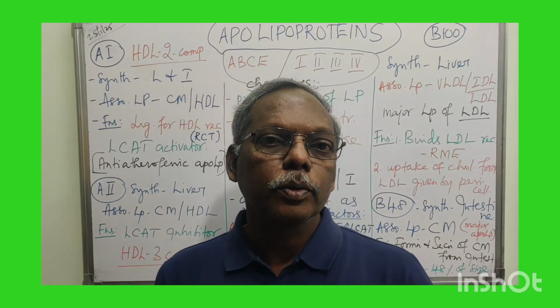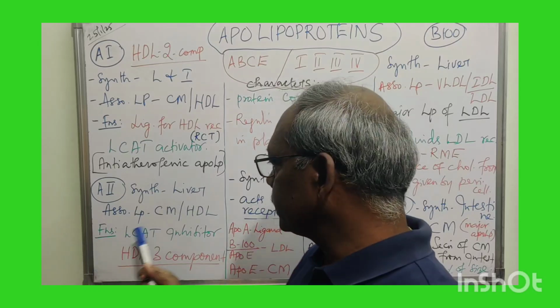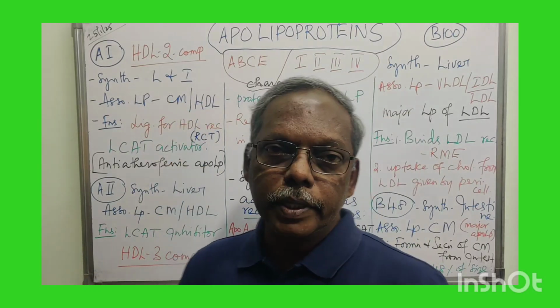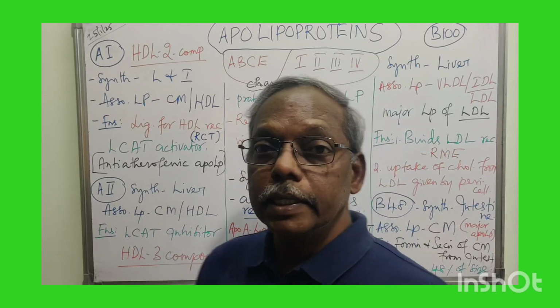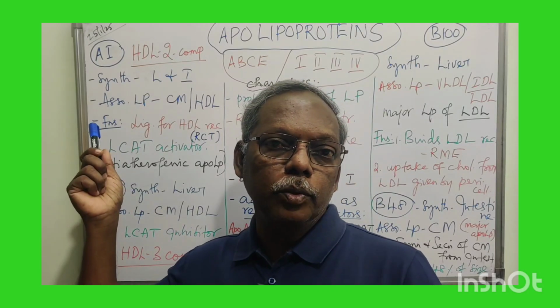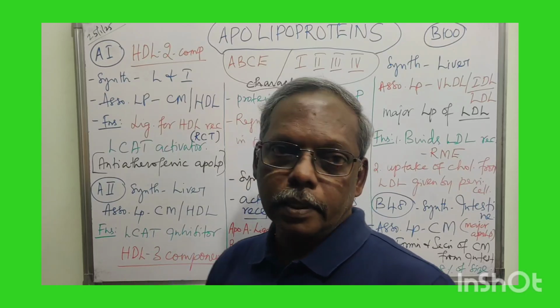Second one is ApoA2. It is synthesized from liver. The associated lipoproteins are the same, chylomicron and HDL. But here the action is LCAT inhibitor. A1 is a stimulator, whereas A2 is an inhibitor.